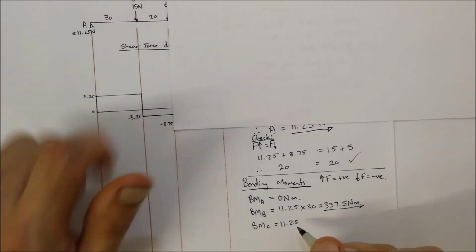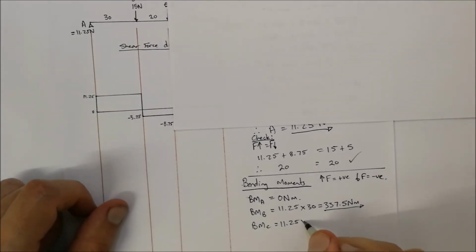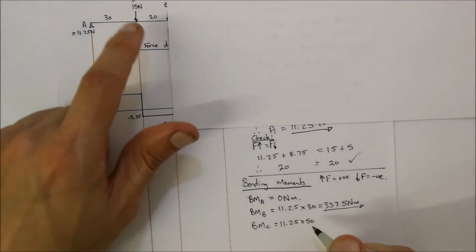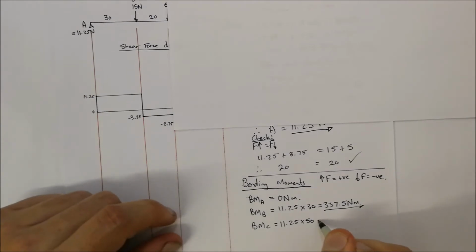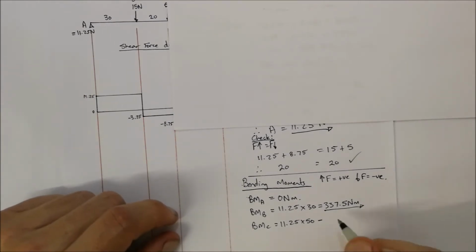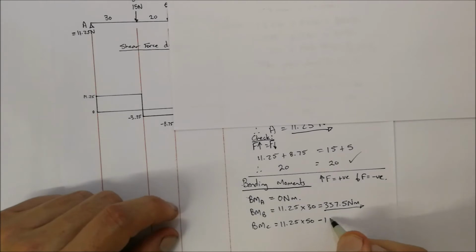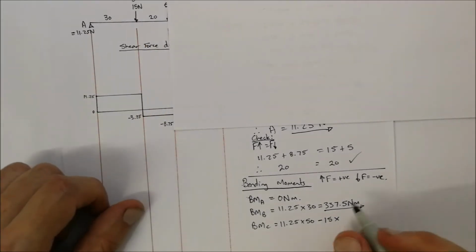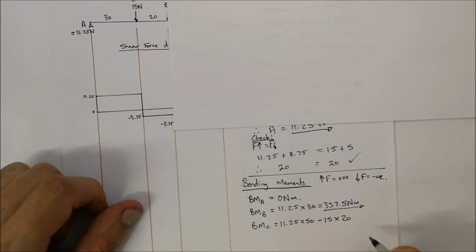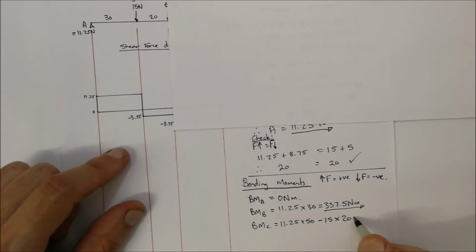A is 50 meters away, so multiply by 50. Then we've got B acting downwards, so that's a negative force: minus 15 newtons multiplied by 20 meters away from C. Once we've done that, that is equal to 262.5 Newton meters.